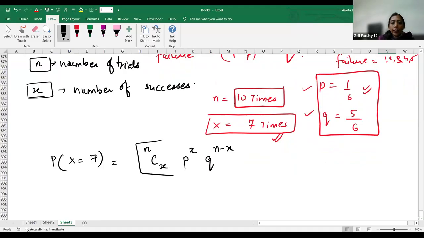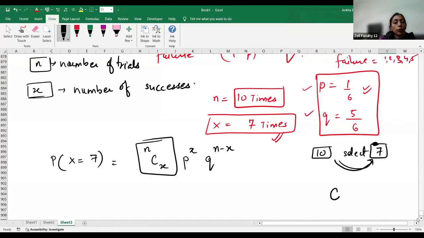Now what is this nCx? nCx means out of 10, I need to select 7 outcomes where I would have success. These 7 outcomes could be any 7. So when I have to do a selection, mathematically I can use the combination formula, nCx, which is calculated as n factorial divided by x factorial into n minus x factorial.